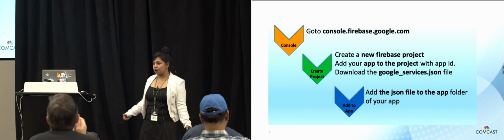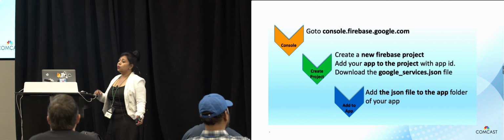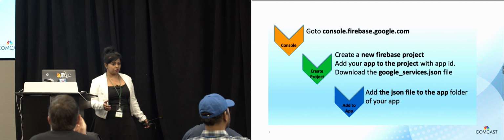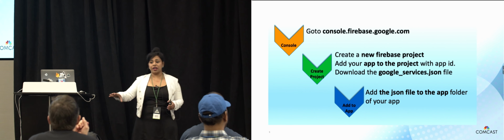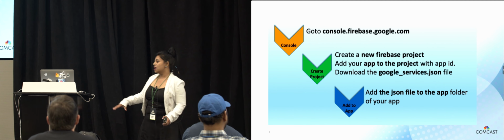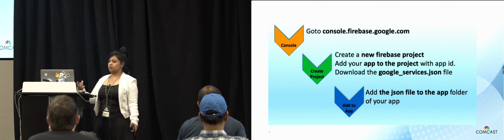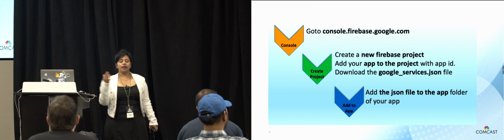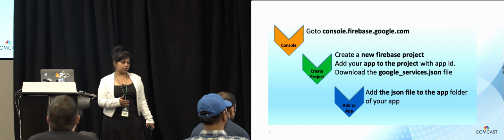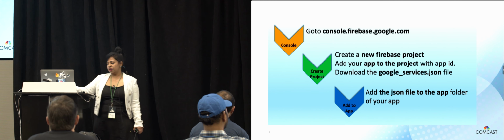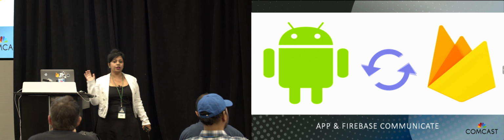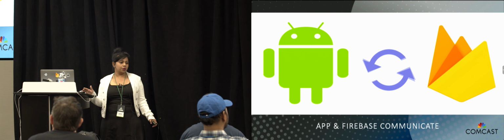With that app ID, Firebase will give you a Google Services JSON file, which is how it recognizes your app uniquely. You put that file in your app folder. That's it. Now your Android app and Firebase will be able to communicate with each other.